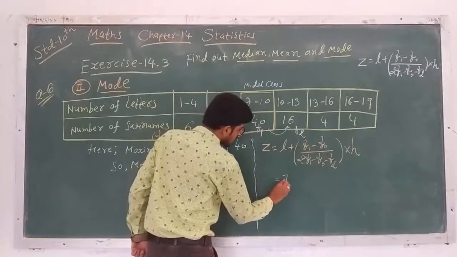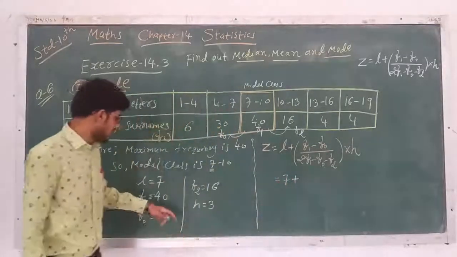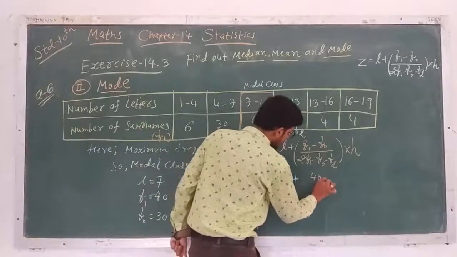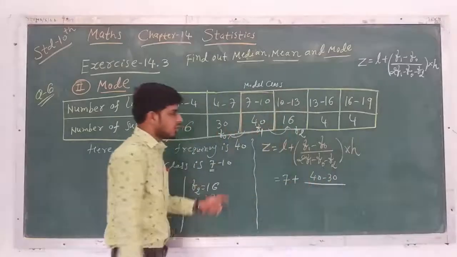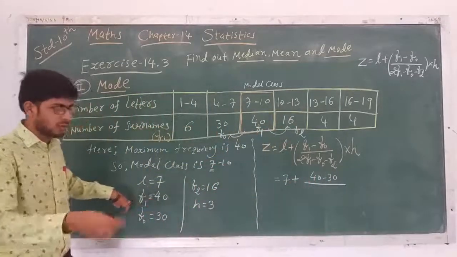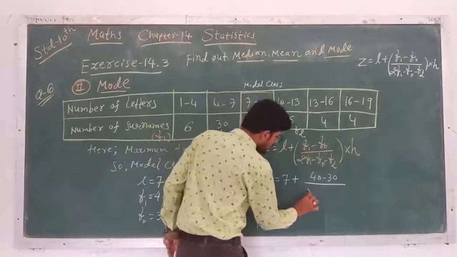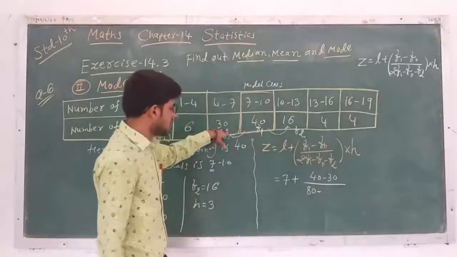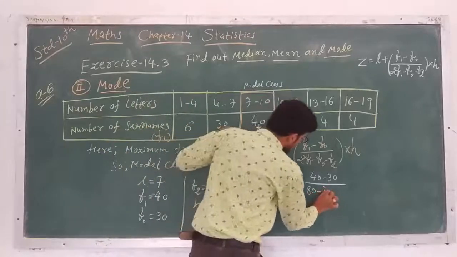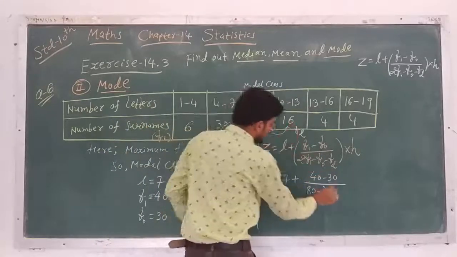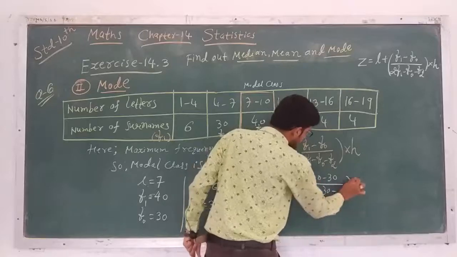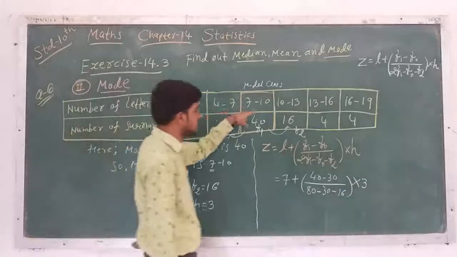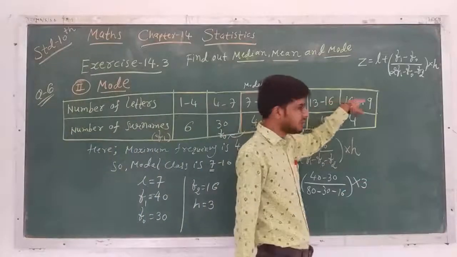So 7 plus the value of F1 is 40, minus F0, 40 minus 30, all divided by 2 F1, 40 into 2, so 80, minus the value of F0, 30, minus F2, which is 16, multiplied by 3 because the class range is 3: 1 to 4, 4 to 7, 7 to 10, 10 to 13, 13 to 16 and 16 to 19.